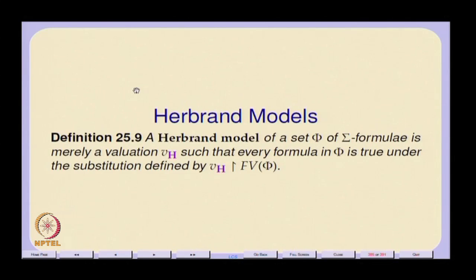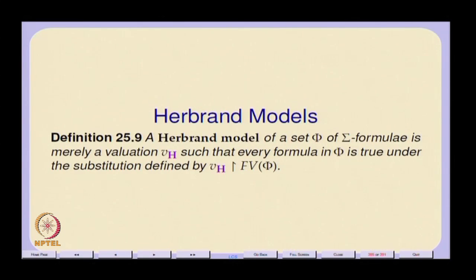We still have not actually interpreted the predicate symbols. A Herbrand model of a set phi of sigma formulae is merely a valuation V h which makes every formula in phi true.